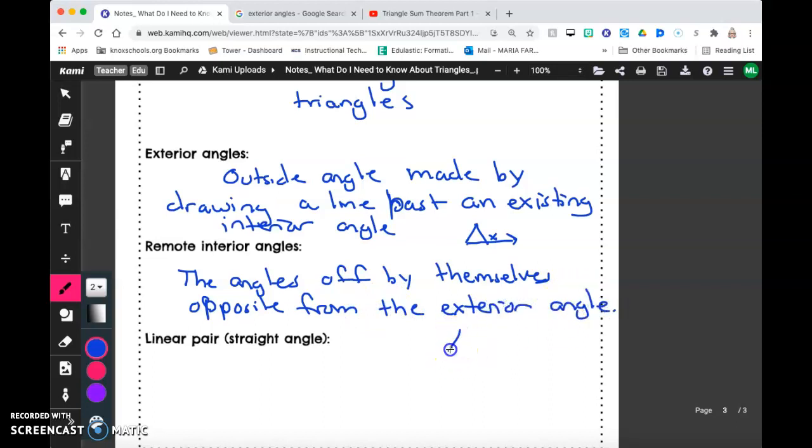So again, if I have that same example of a triangle here and I draw that line, there's my exterior angle. My remote interior angles are going to be the two angles on this side, opposite where that exterior angle is located.